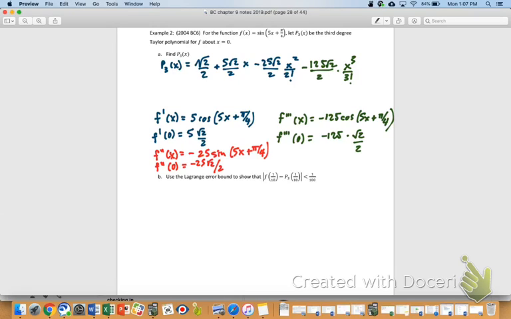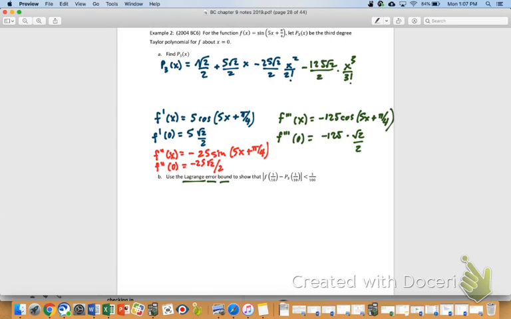Okay. So then B says, this is what we did last time, use the Lagrange error bound. So let me ask you, why would it prescribe the Lagrange error bound? If we were going to try to find and quantify an error here, why would we use Lagrange error bound versus the alternating series error bound? Because it's not an alternating series.